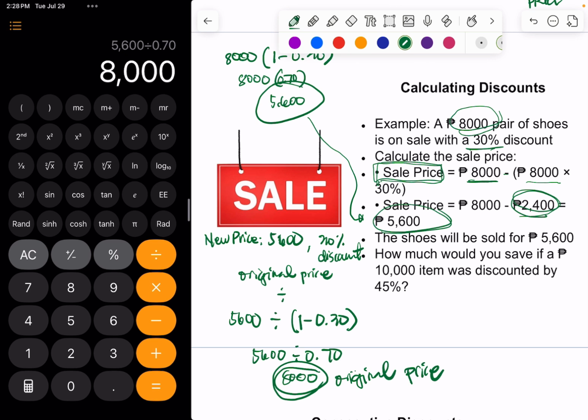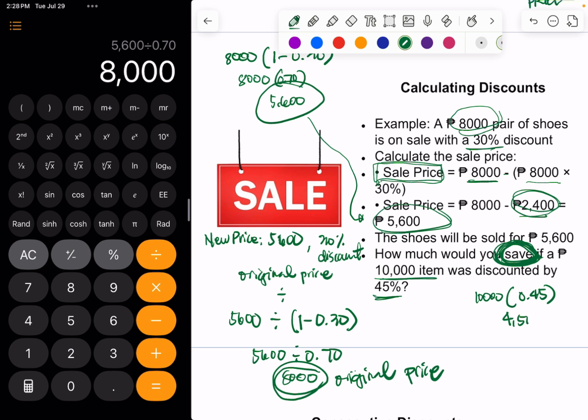Okay? The same goes with this one. How much would you save if 10,000 pesos item was discounted by 45? So magbantay ta sa word ha, how much would you save? So that means kung pila daw imong matipid. So to get that, ang buhaton ra kay unsa man ang 45% ni item. Pila man ang 45% ni item?